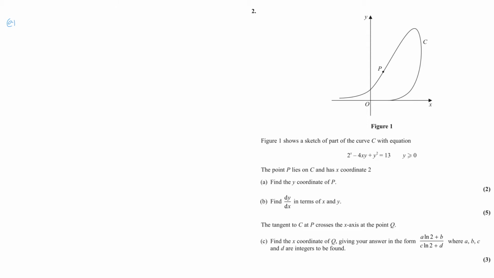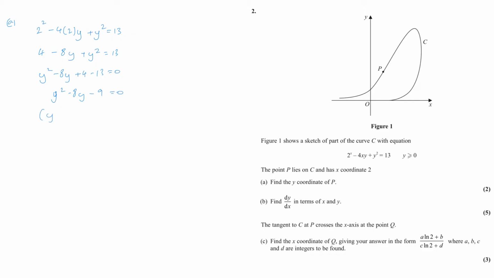Find the point P lies on C, find the y coordinate of P. So it has an x coordinate of 2. So for P, we just need to substitute 2 in for x. So it's 2 squared minus 4 times 2 times y plus y squared equals 13. So we've got 4 minus 8y plus y squared equals 13. y squared minus 8y plus 4 minus 13 equals 0, or y squared minus 8y minus 9 equals 0.